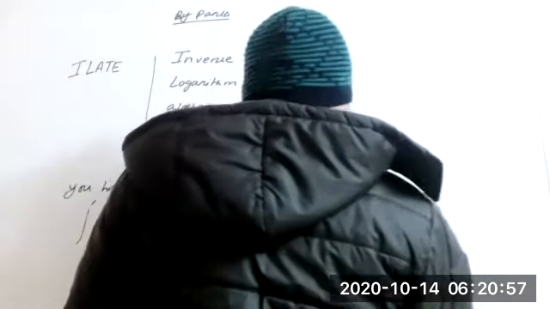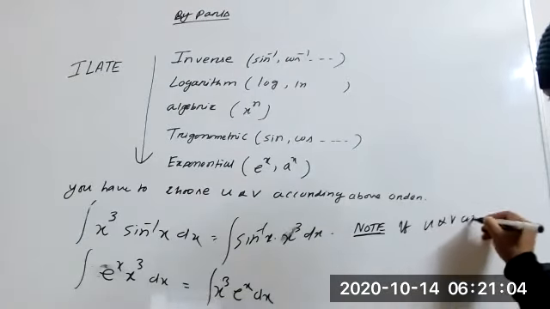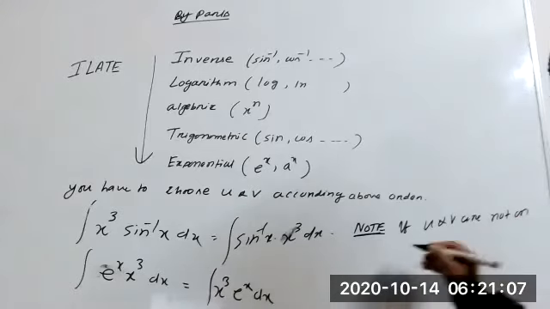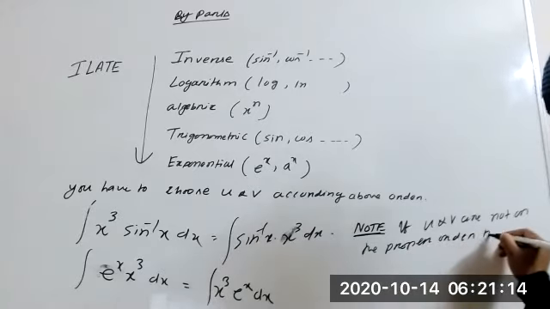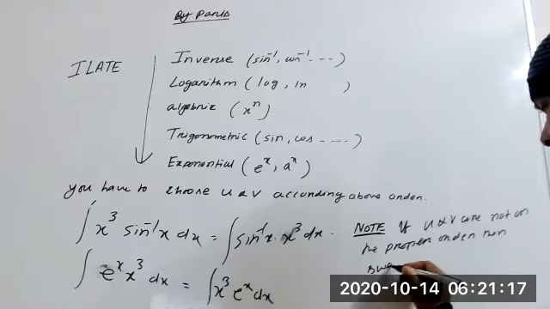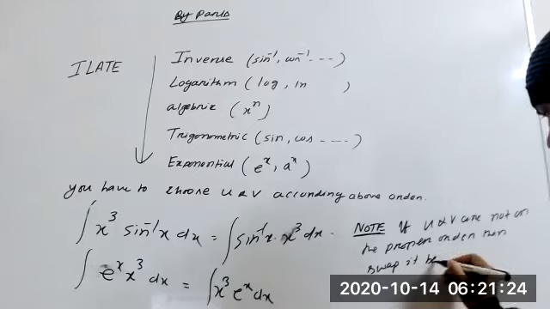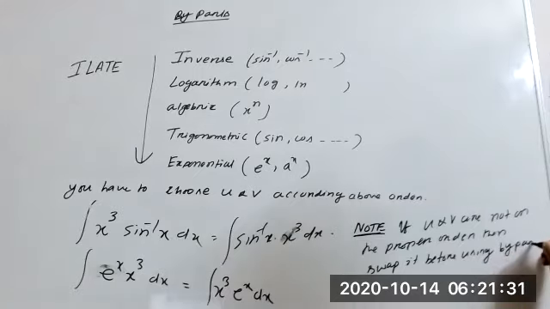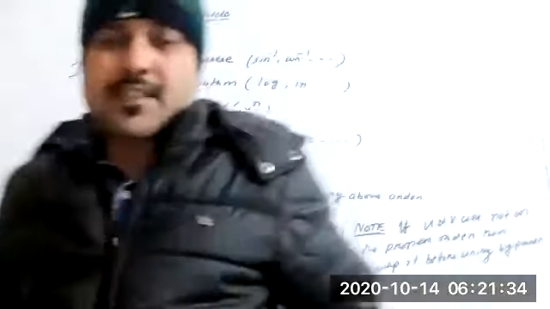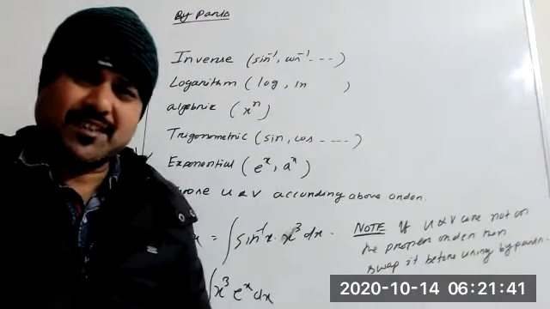If u and v are not in the proper order, then swap it before using by parts. Okay, that is all about by parts.